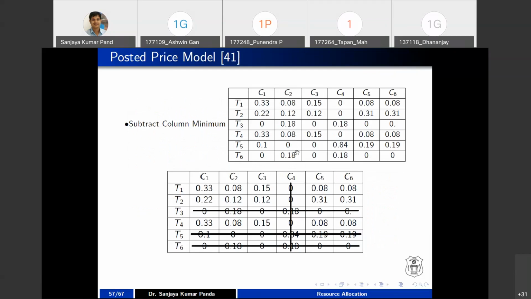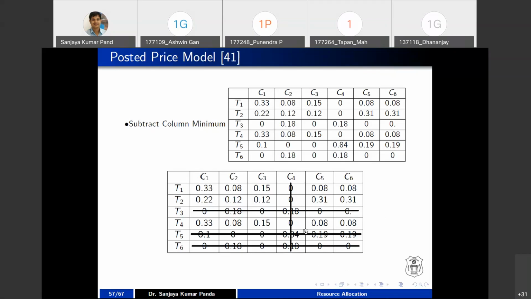Once you have subtracted the row minimum and the column minimum, you cover all the elements that are 0 with the minimum number of lines. You have to use the minimum number of lines to cover all the 0 elements. In this case, 4 lines are sufficient.